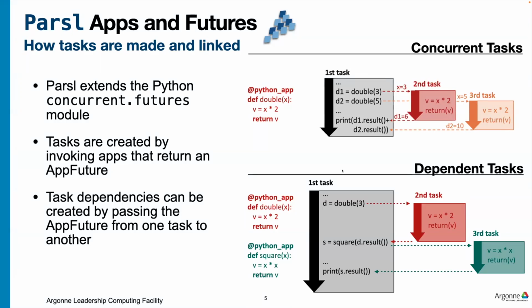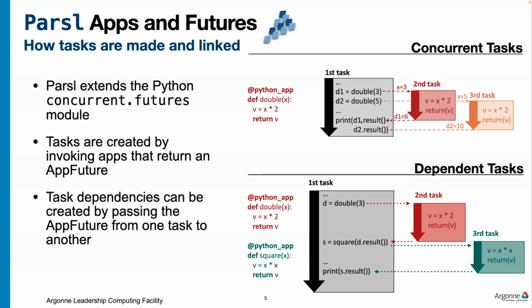Essentially, in all of the workflows we'll see with Parsl, the first step is to create the futures. Then at some point in your program, you have to block on the result of the futures by calling future.result.